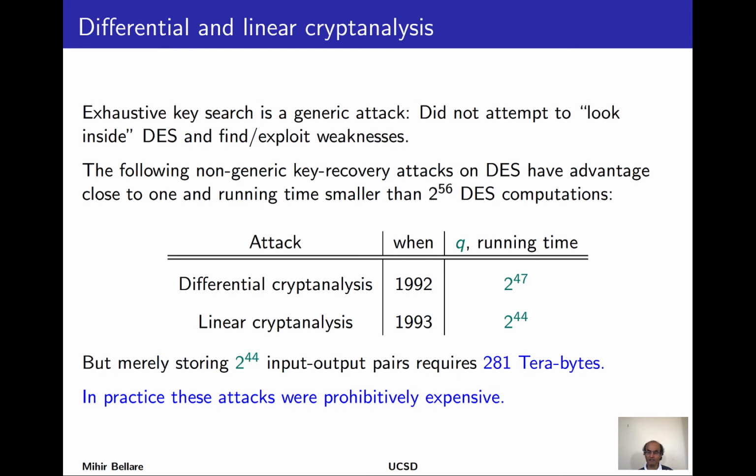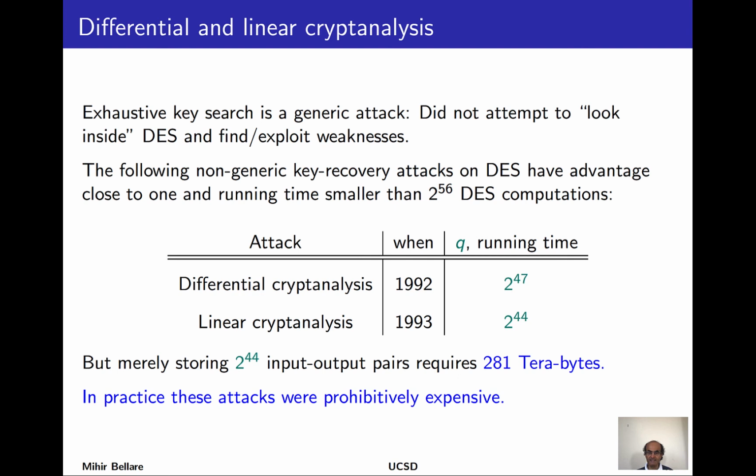Remember that in exhaustive key search, or in any attack, there's this parameter Q, which is the number of input-output examples under the target key that you obtain. For exhaustive key search, it was just 1 or 2, so it was an insignificant concern. These new attacks bumped that up to something close to the running time. You needed a massive number of these input-output pairs under the target key. And this was quite prohibitive.